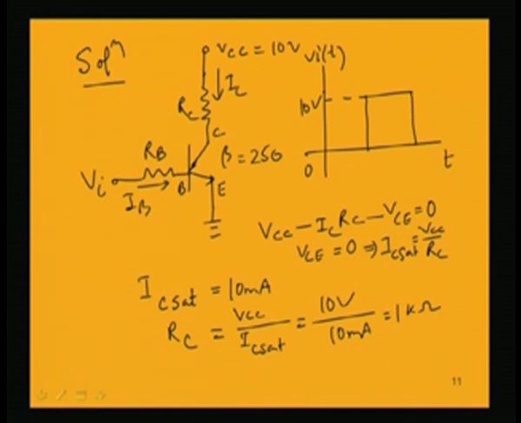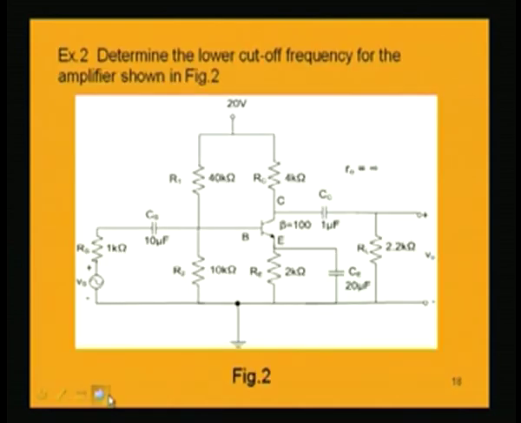Now, we have earlier discussed the transistor as an amplifier, and we also have seen that the capacitances which are present in the circuit do affect the gains. Now, in relation to that, let us do one example.